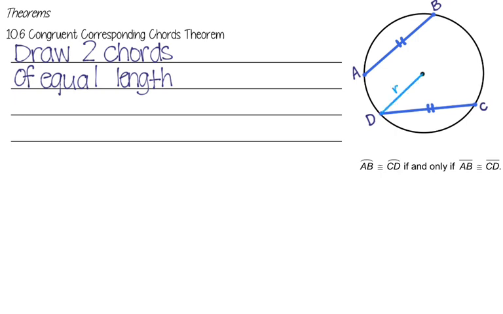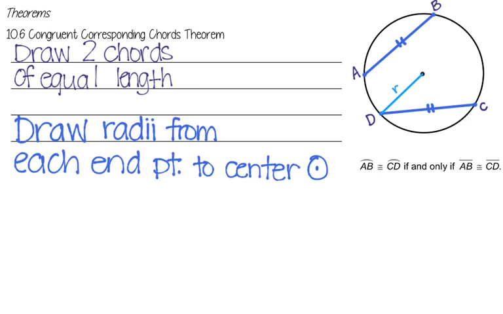What happens is I can now, from endpoint D to the center of the circle, draw a radius. And that's the radius of the circle. The radius is constant to any point, which means if I draw the radius to the other three endpoints, to endpoints A and B and C, I end up with two different triangles, and we've got this chord AB and this chord DC that are congruent.